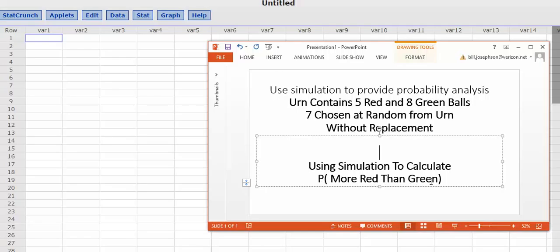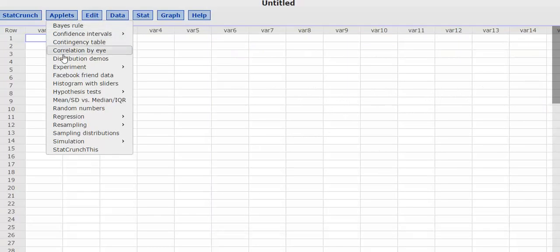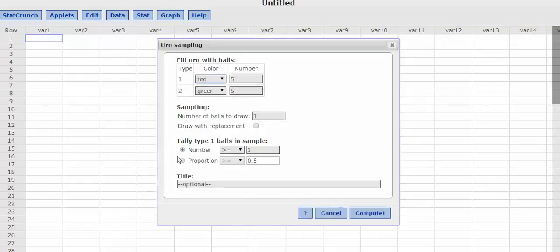Now, in StatCrunch, there are a number of applets that have been created for us, and the one we're looking for is under simulation, and conveniently there is one for urn sampling. And we can conveniently have 5 red, as it says there, and we can adjust the number of green to be 8. And as the problem states, we're going to draw 7 balls.